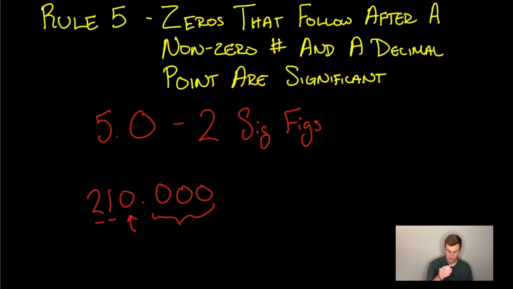Well, because the zeros are following a non-zero number and there's also a decimal point included in this number, all of those zeros are significant. So instead of just having 2 significant figures from those non-zero numbers, we actually have 6 significant figures in this case.